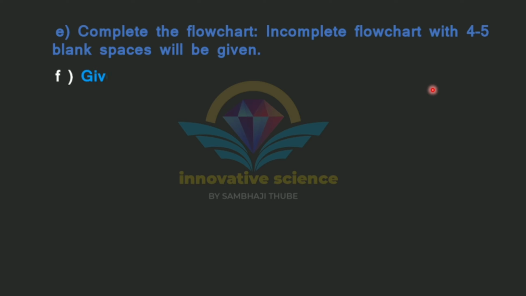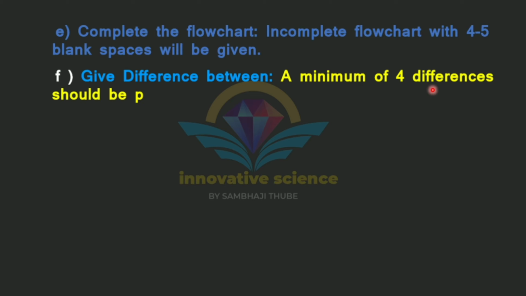Next type of question is give difference between. You will be given any two components, and it is necessary to write at least 4 differences of those components. Each difference has half mark. Keep this in mind.